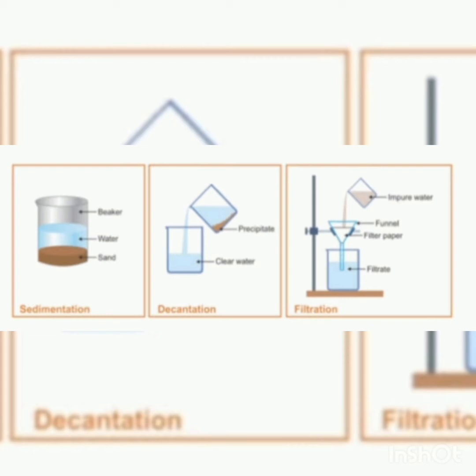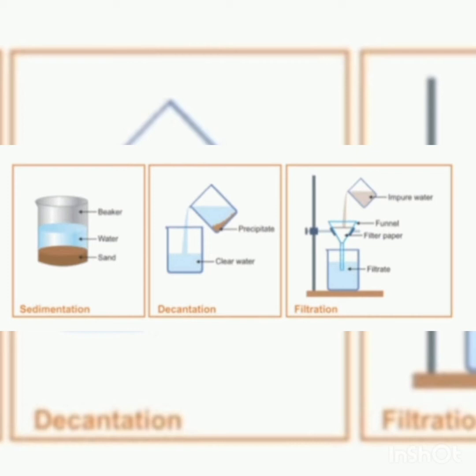What happens? The sand particles and mud particles, the coarse particles present in the muddy water, settle down at the bottom of the beaker, because the sand particles and mud particles are heavier than the water.